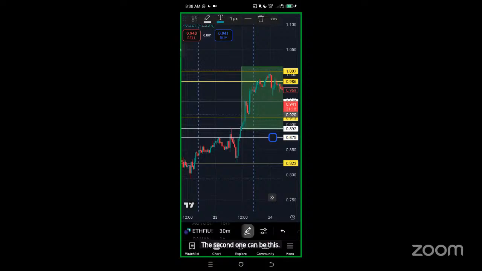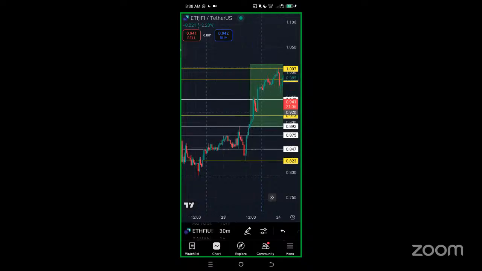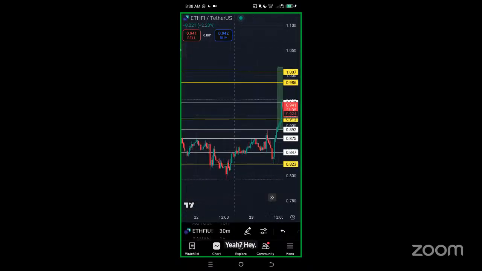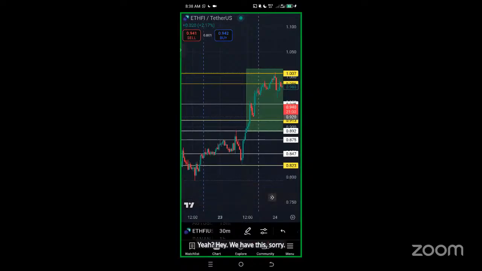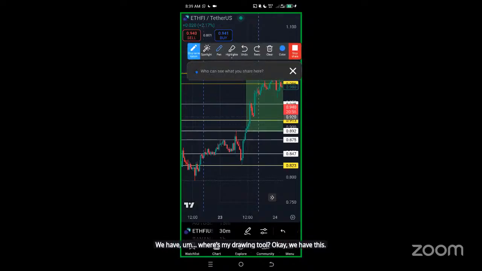And the third one can be this. We have this. Sorry. Here's my drawing tool. Okay. We have this. First. We have second. We have third. 3 mini price reaction levels between support 1 and support 2.